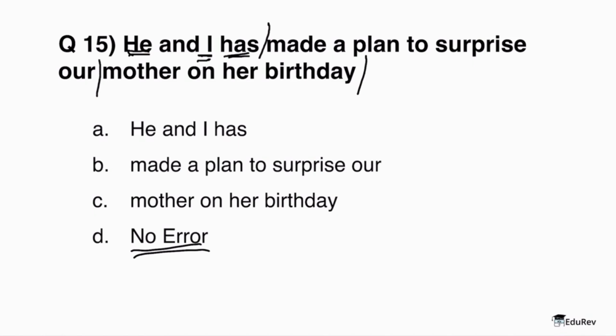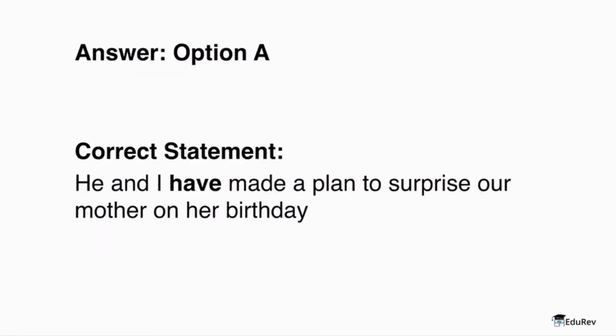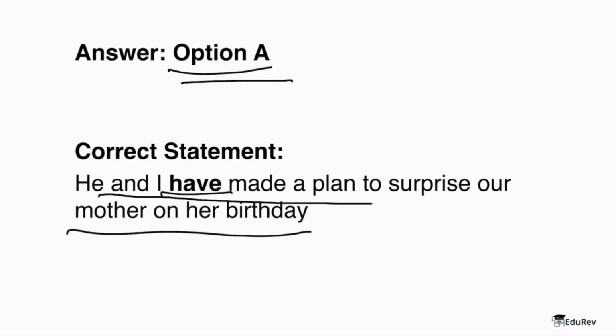So he and I have made a plan to surprise our mother on her birthday is the correct statement, and the correct answer is option A. Let's have a look at it. As you see, the correct answer is option A, and the correct statement is he and I have made a plan to surprise our mother on her birthday. This is the entire sentence.